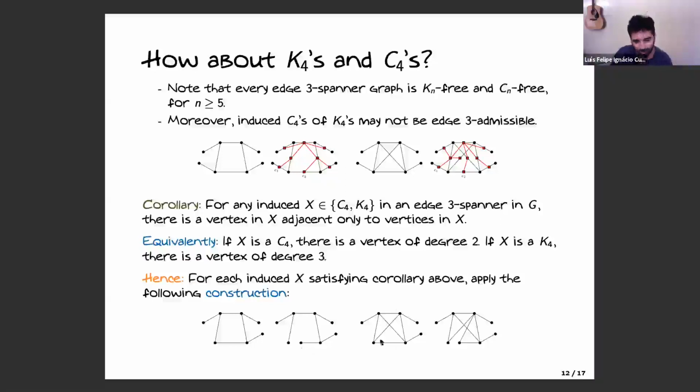And for K4, based also on the vertex of degree 3 and the vertex of degree 2, we break it into 3 triangles like that, and we can prove.